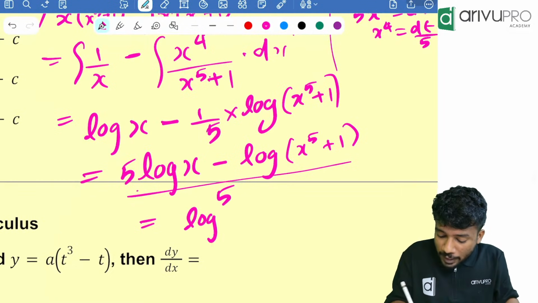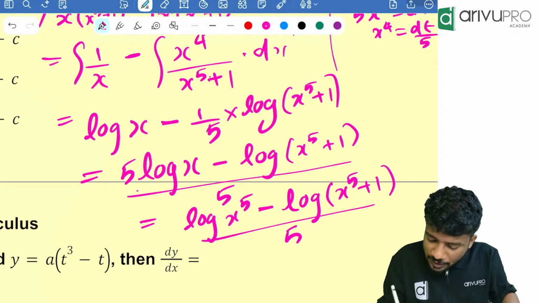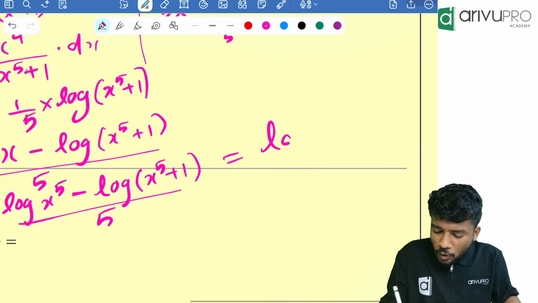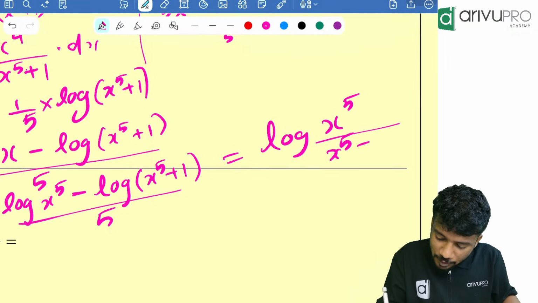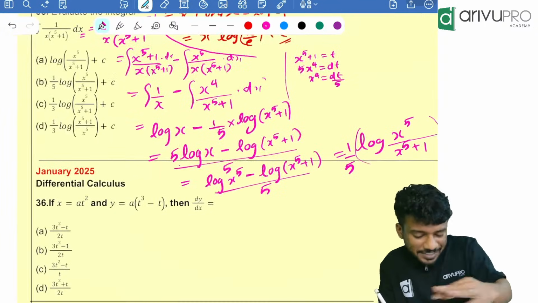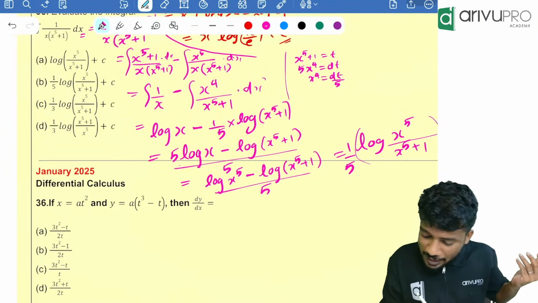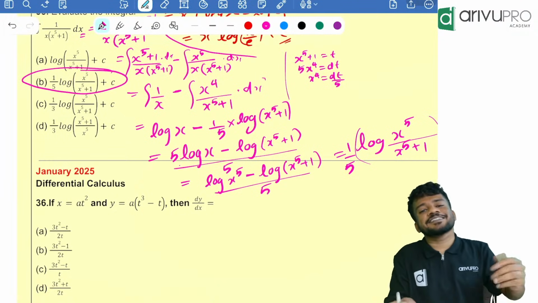Similarly, log x raised to 5 minus log of x raised to 5 plus 1, divided by 5. That is nothing but log of x raised to 5 divided by x raised to 5 plus 1, the entire thing divided by 5. So which option is the right answer? 1 by 5 x raised to 5 divided by x raised to 5 plus 1, yes, option B is the right answer.